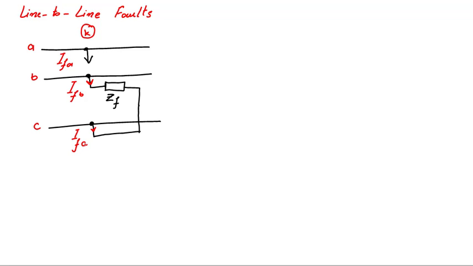We have considered bus K. At this bus K, between phase B and C, we have a short circuit through an impedance ZF. In the last lecture we discussed that in a three-phase system the assignment of phase names A, B, C is arbitrary. So the results for this line to line fault between B and C can be used if the short circuit occurs between A and B, or between C and A.